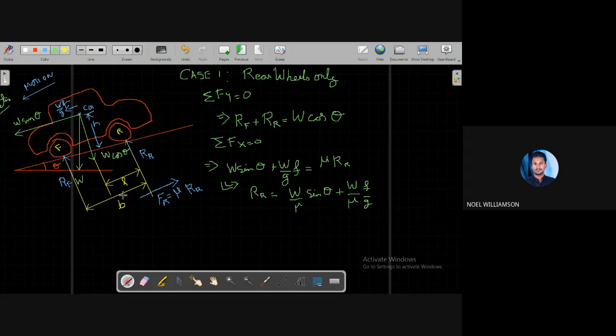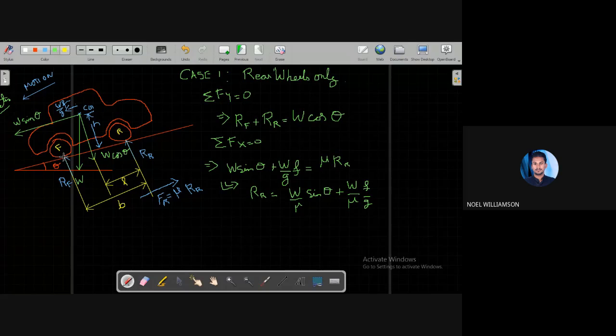Next, for the equilibrium, we know sigma Fx equal to 0, sigma Fy equal to 0, and also sigma M equal to 0. That is, the total moment about any point will be equal to 0. So while taking the case where we are applying brake to the rear wheel, we have to take the moment about the front wheel.